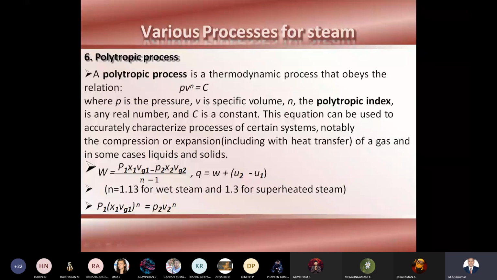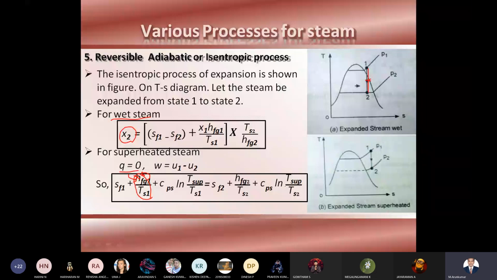Then we can have Q as W plus U2 minus U1, where n is equal to 1.13 for wet steam and 1.3 for superheated steam. Right. Then we can have the equation P1 x1 Vg1^n equal to P2 V2^n. To derive this, I will use the smart board. I will derive that.